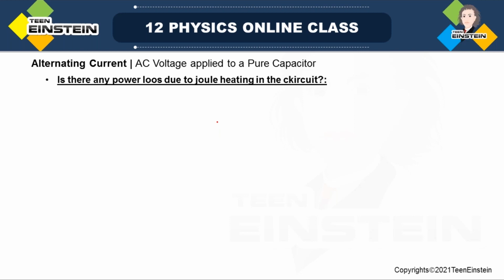In this case also, we will try to see whether there is joule heating, and due to that a power loss in the purely capacitive circuit or not. So we can find out instantaneous power.